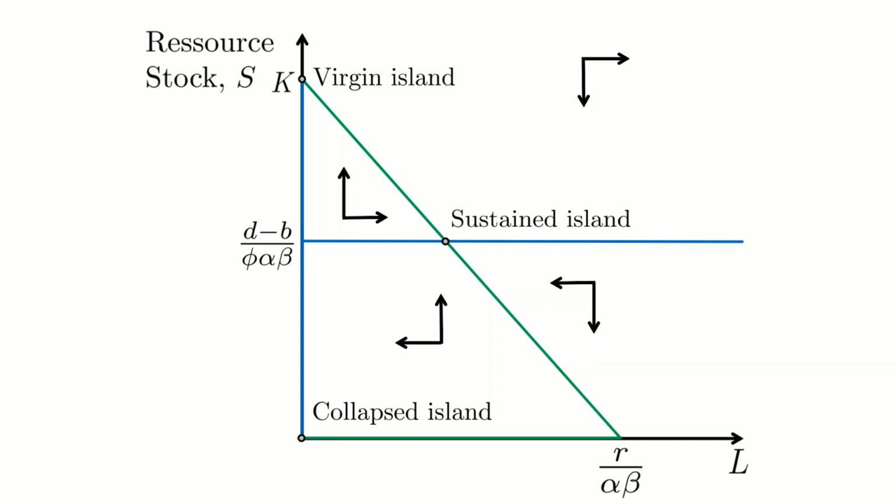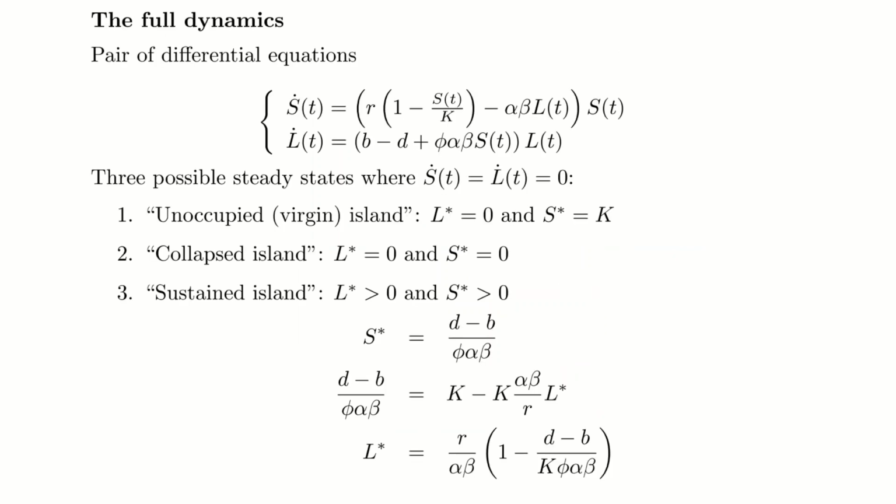This is a summary of the findings. This system of differential equations has 3 steady states: the virgin island, the collapsed island, and the sustained island. To find the exact values of the sustained steady state, simply plug in the value of S in the condition for S dot equals 0, and we find that the steady state population is R divided by alpha beta, times 1 minus D minus B divided by K phi alpha beta.